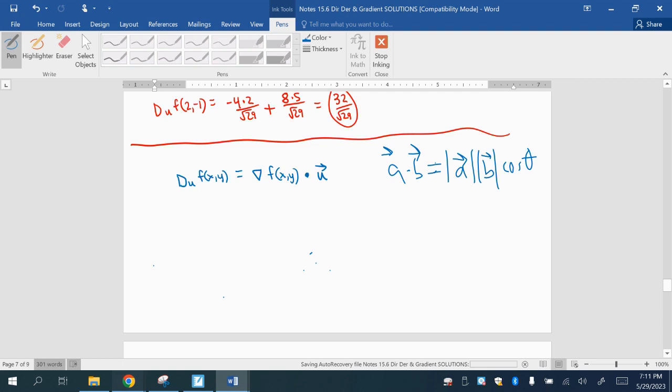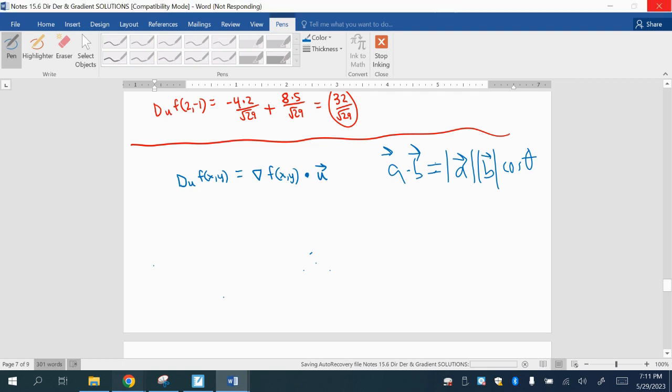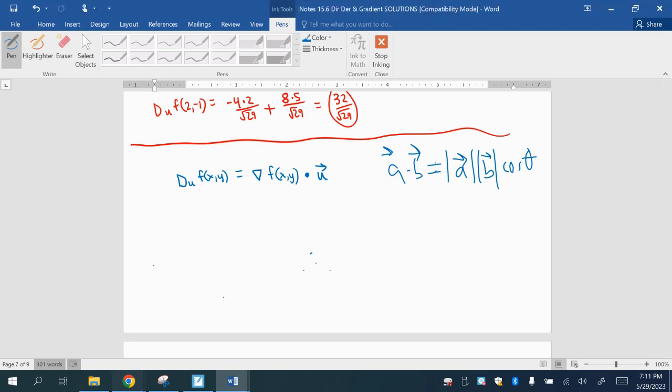Since the gradient is a vector and u is a vector, we also know that that equals the length of the gradient, times the length of the unit vector, which is just 1, and then times cosine of theta.